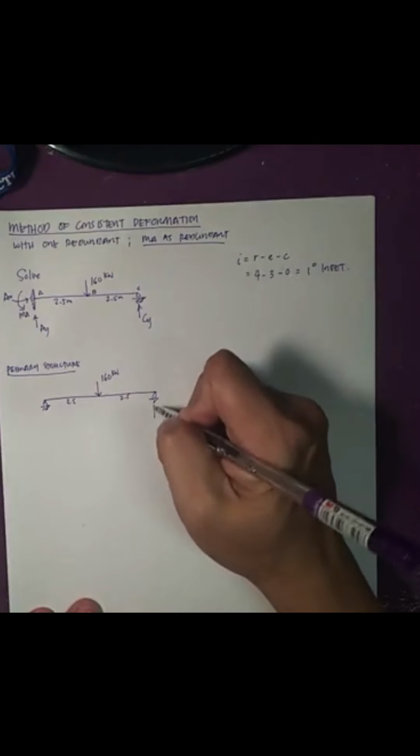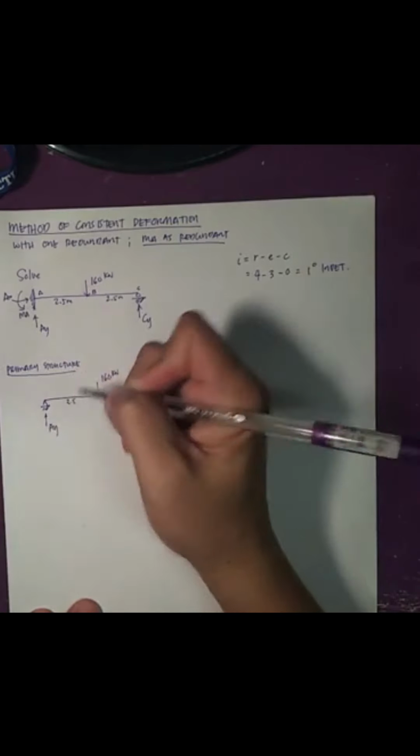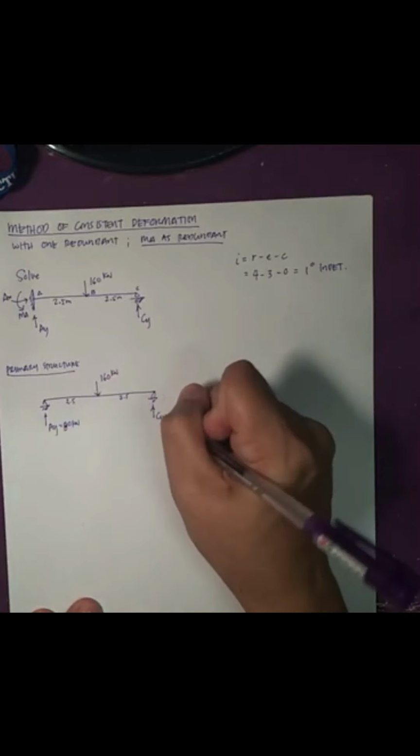Of course there will still be the reactions here. The horizontal reaction would be just 0 since we don't have any horizontal force. By statics, since the load is at the midspan, this becomes 80 kilonewtons, and this is also 80 kilonewtons. So that would be the primary structure.